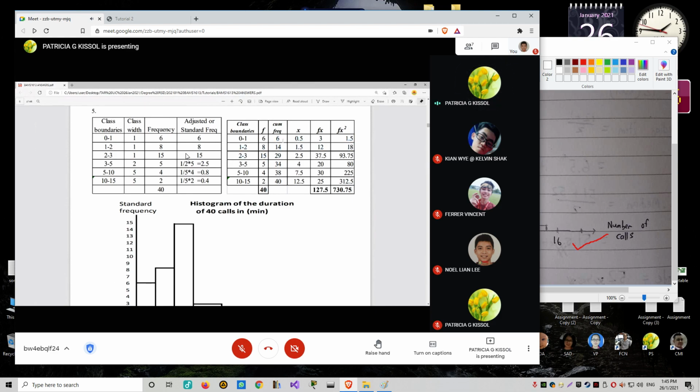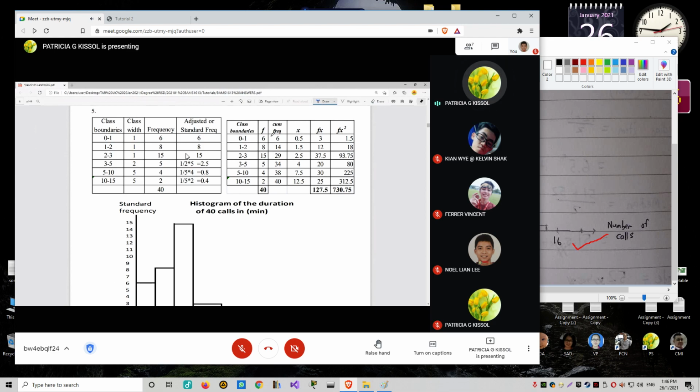You can see cumulative frequency from 6 to 14 to 29, 34, 38, and 40. Remember that the total of the frequency here is the same as the total frequency. Yeah, they should be the same, right?